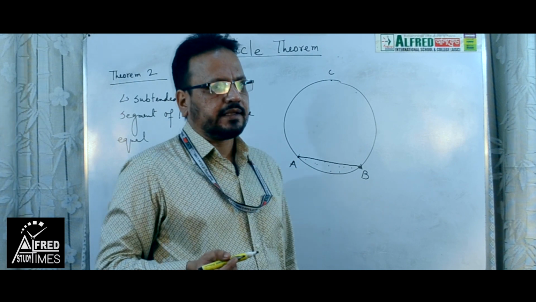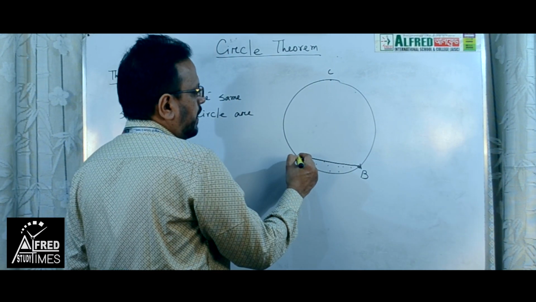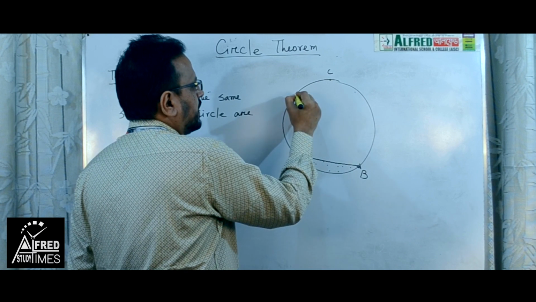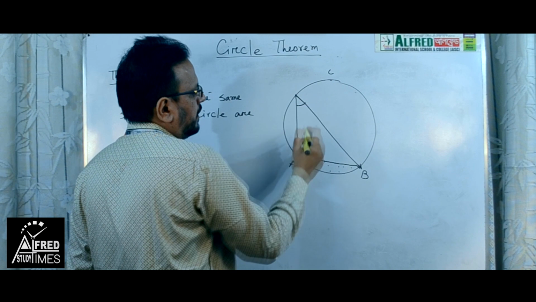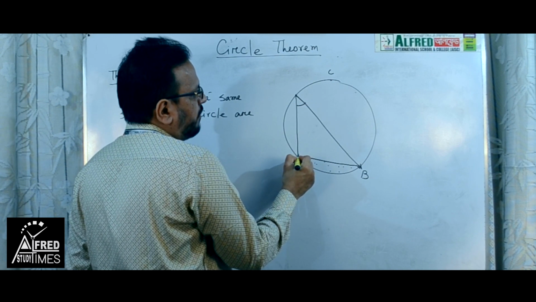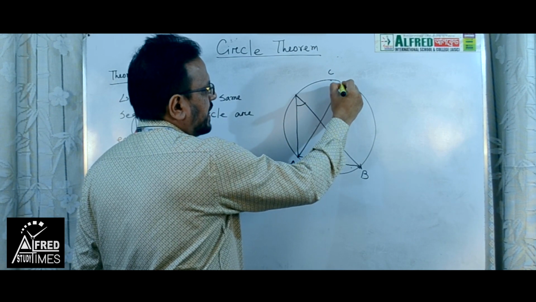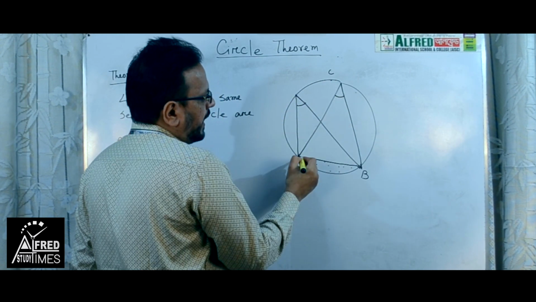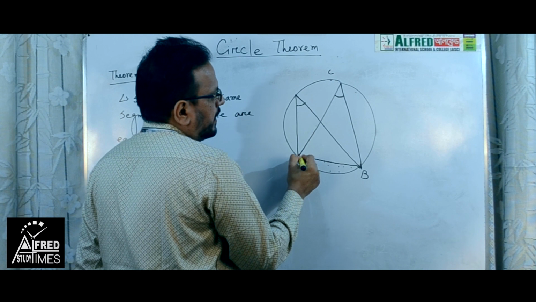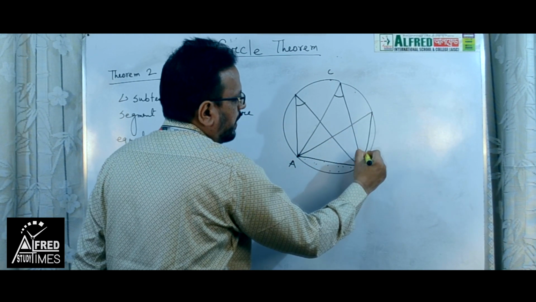So let us draw the angles. Starting from A, touching the circle, coming back. This is an angle. Another angle. Starting from here, touching the circumference, coming back. Another angle. Starting from here, touching the circumference, coming back.